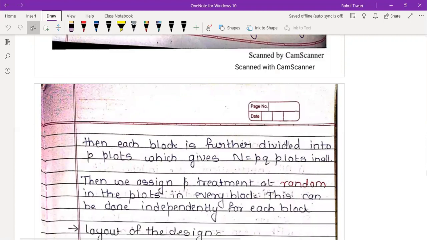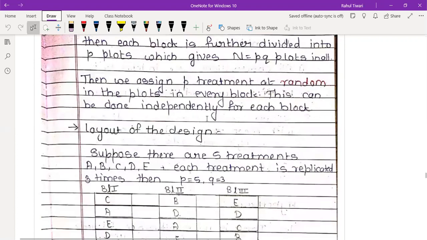So if we assign P treatments at random to the plots in every block, this is done independently for each block.